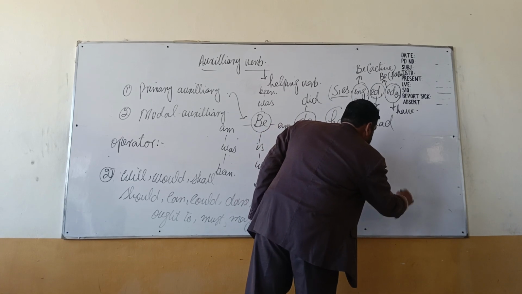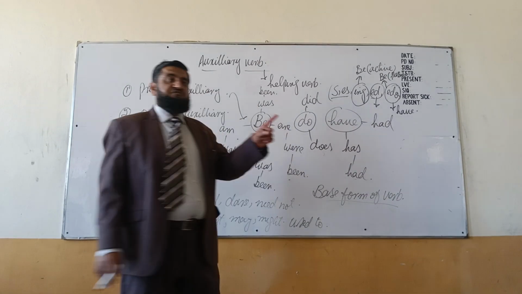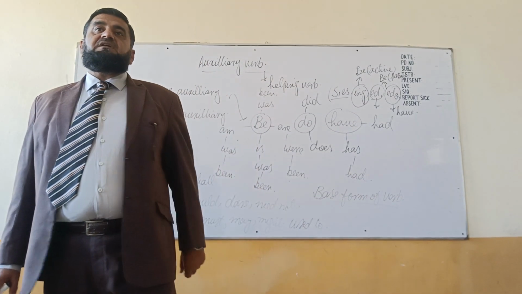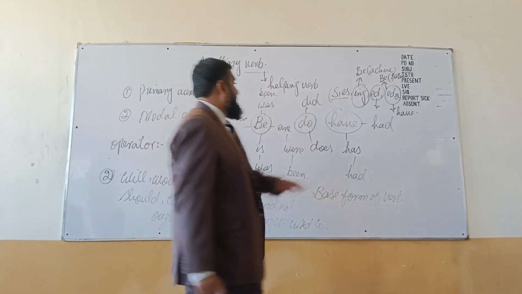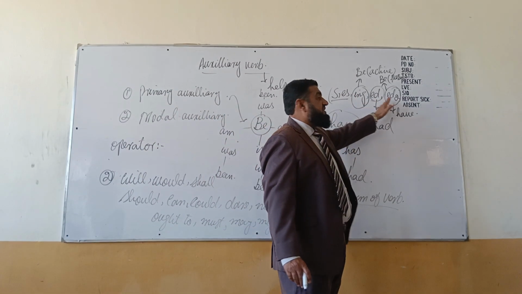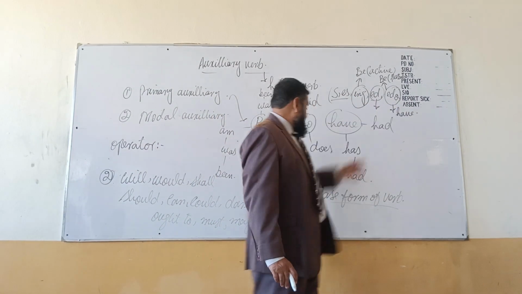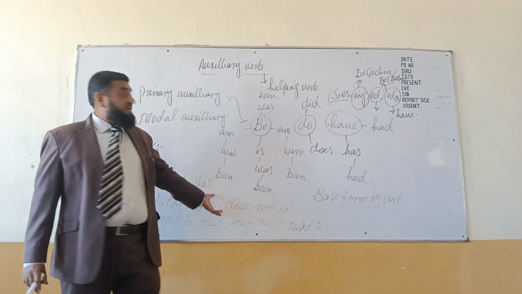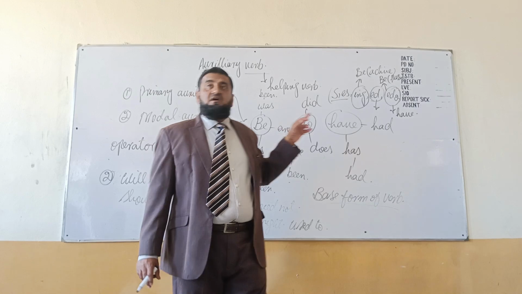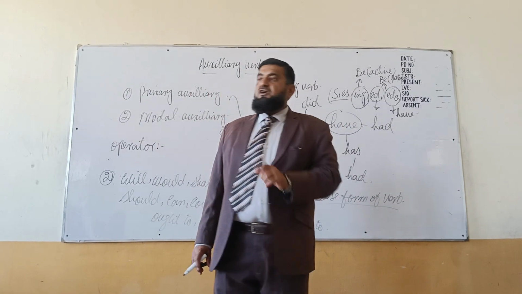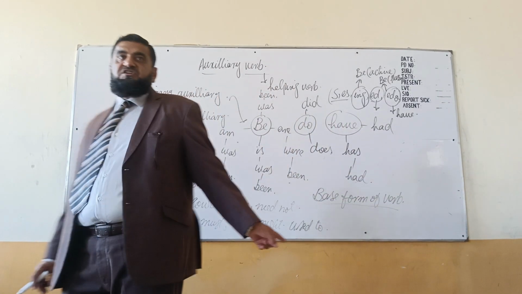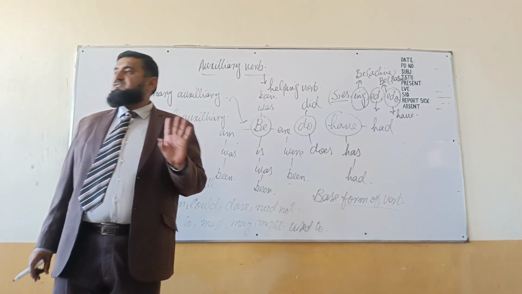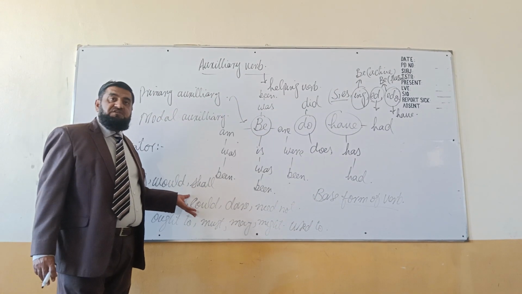And you know there is a bit of difference between the first form and the base form. The base form is the first form without inflection. No inflection will be used when there is a modal auxiliary. So base form means there will be no s or es with the verb, no ing form, and no ed, second or third form, when modal auxiliaries are there.